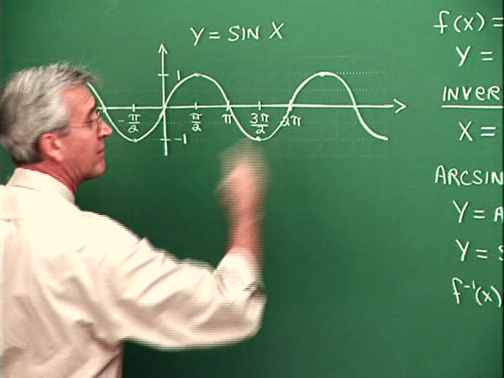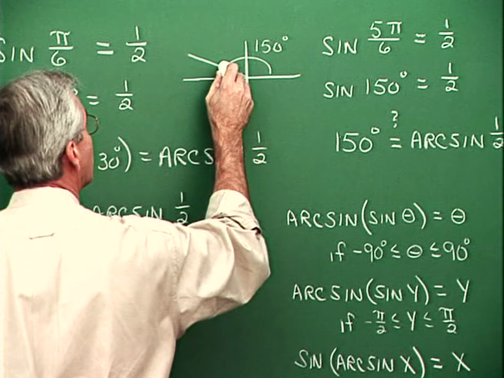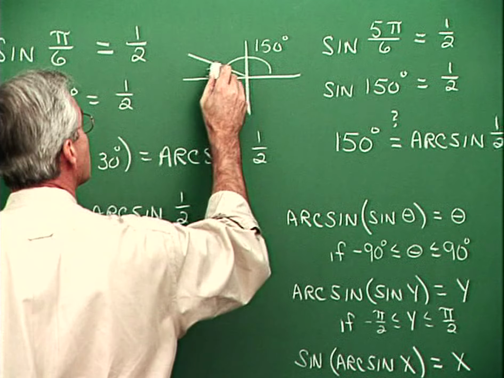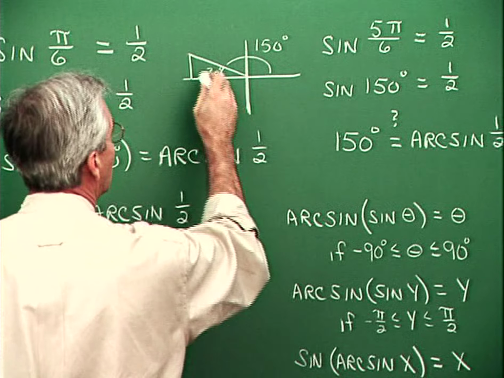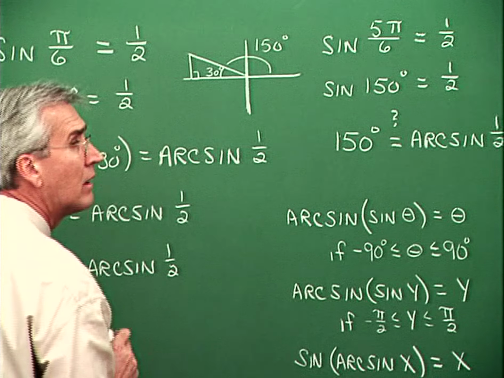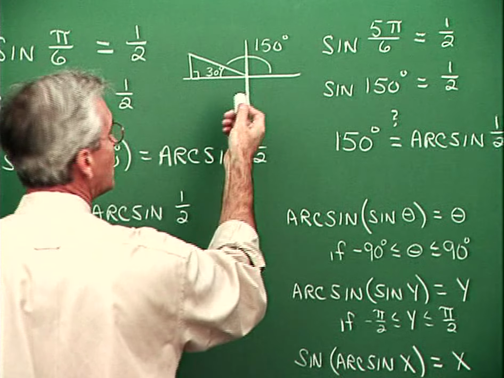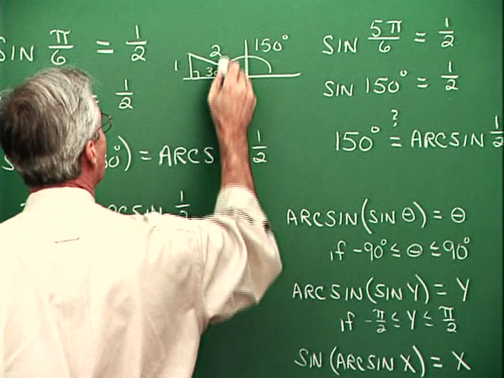When we analyze this using angle measure, we think about this reference angle of 30 degrees. And so we have a 30-60 right triangle here, and so we have the 1, 2, square root of 3 idea.